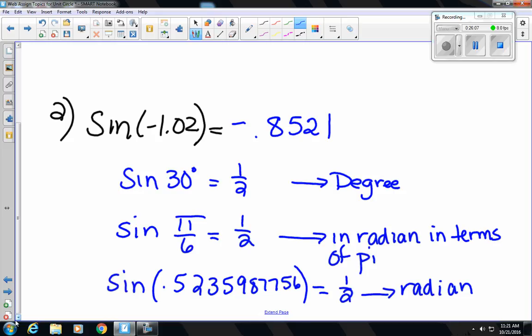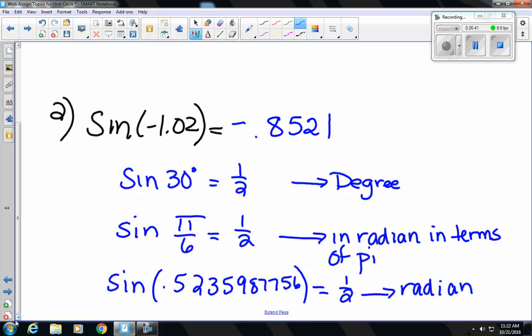Are you following that? Okay. Degree is just 30 degrees. The sine of 30 degrees is 1/2. In radian measure, in terms of pi, we leave the pi in the angle measure, so pi over 6. If you put your calculator in radian mode and do sine of pi over 6, it is 1/2. Now, take your calculator and do the math.